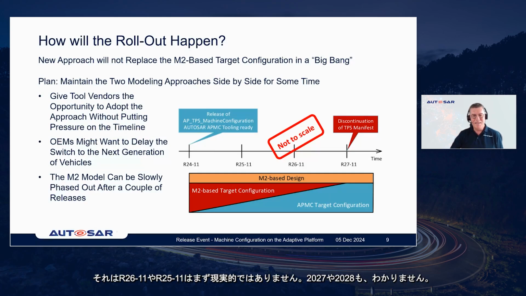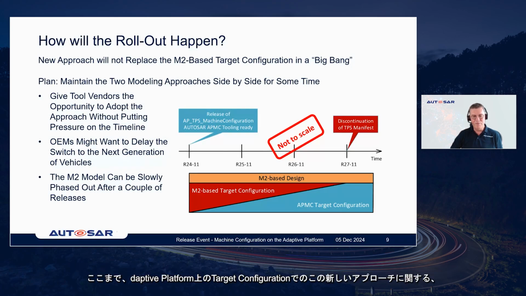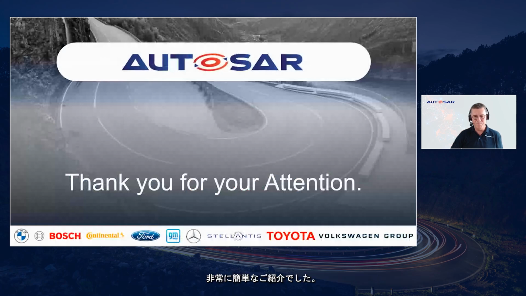So it can be 2026, 2025 is certainly not realistic, or 27 or 28, I don't know. But at some point we will reach this milestone, and then the described switch can happen. So this is the very brief walkthrough through this new approach to target configuration on the adaptive platform.